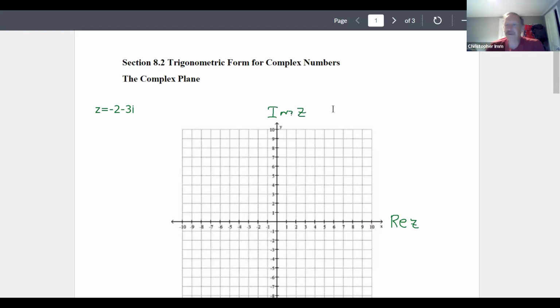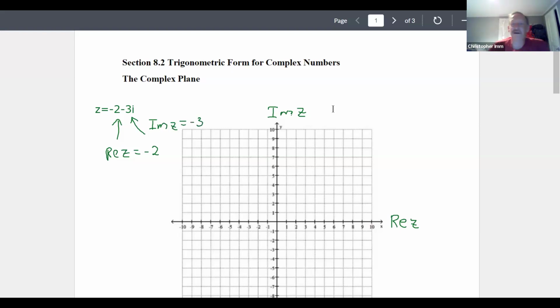and our y-axis is going to be the imaginary part of z. It turns out we can plot these a lot like vectors that we've been plotting or ordered pairs. So if I'm looking at z is equal to -2 minus 3i, the real part of z is going to be -2, and the imaginary part without the i is going to be -3.